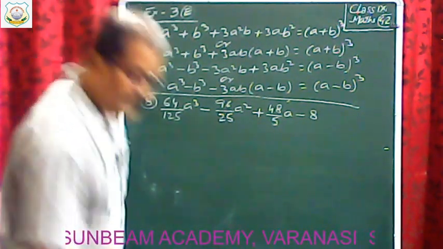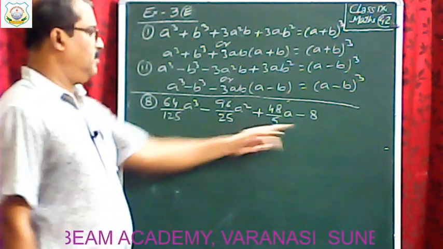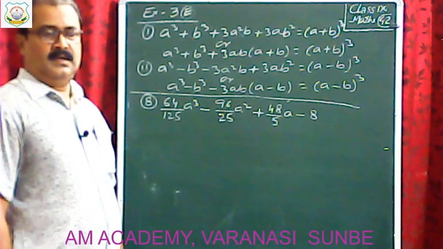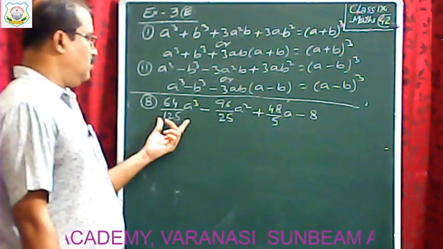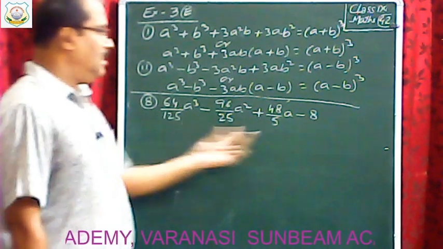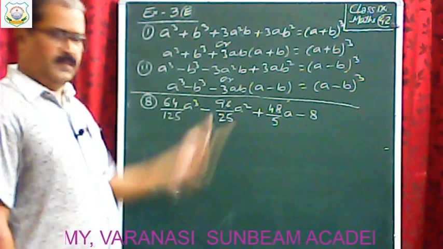Okay, the same process, same mechanism. 1, 2, 3, 4, 4 terms are there. Now let's see. 64 a cube upon 125 is a perfect cube term, 8 is a perfect cube term, 2 are perfect cube terms, the remaining may be combined terms.